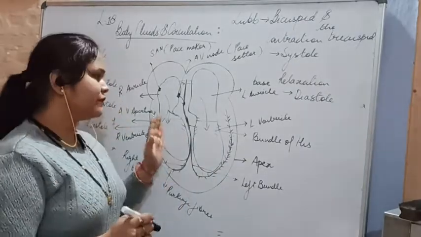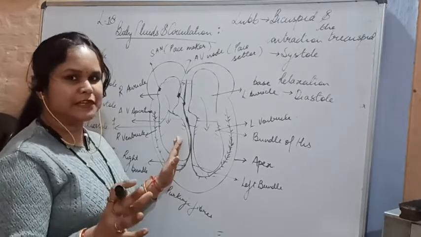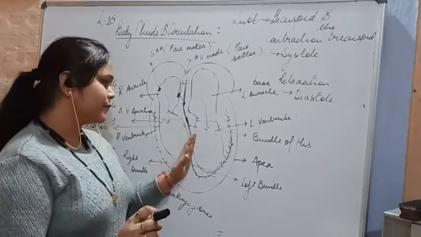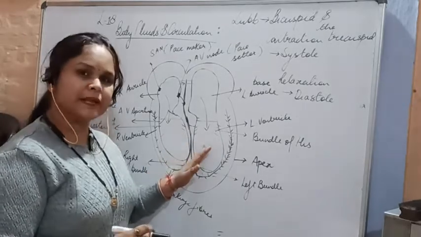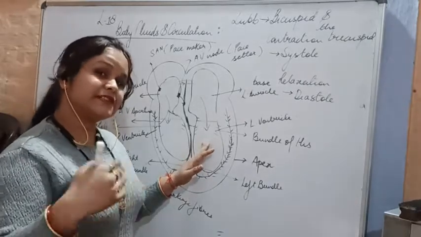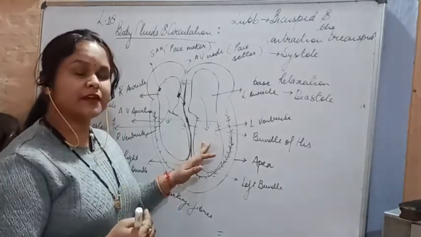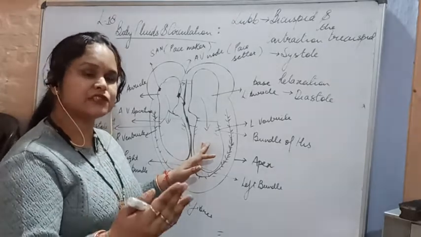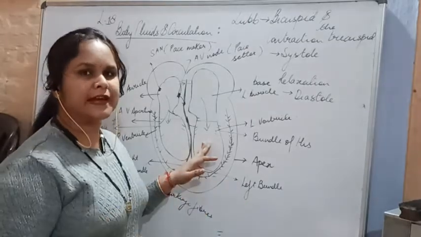And when we finish the ventricular systole, what will happen? The pressure inside the ventricles is going to reduce. Now the semilunar valves will also get closed. So the second heart sound is produced when the ventricles finish the ventricular systole and enter the ventricular diastole.